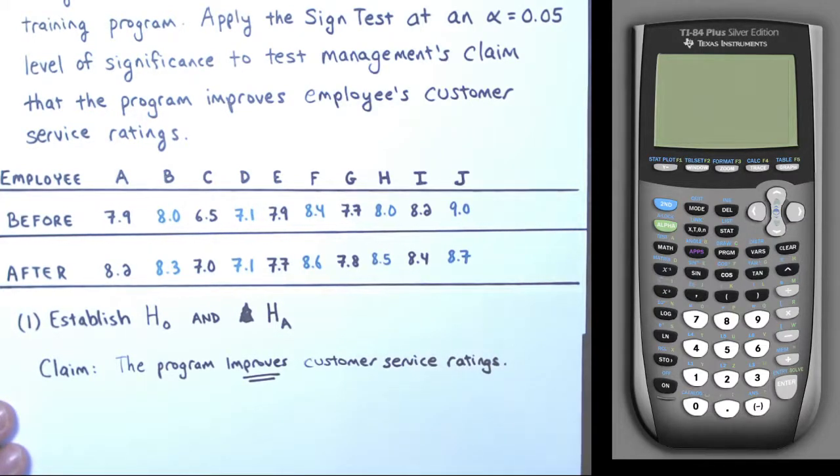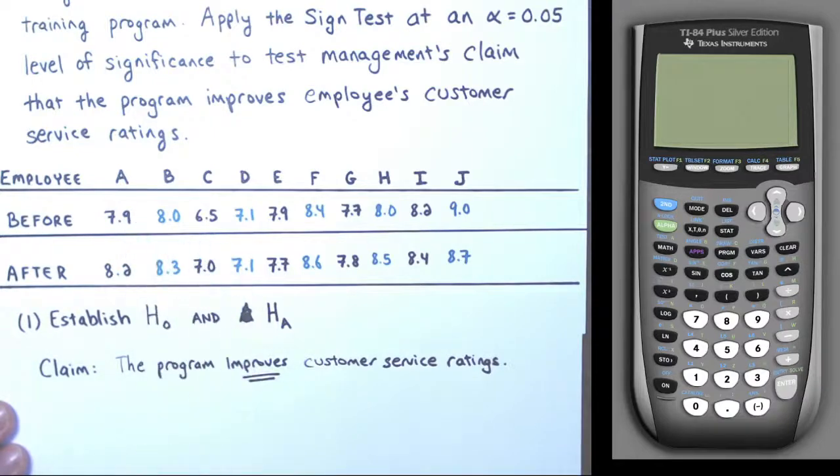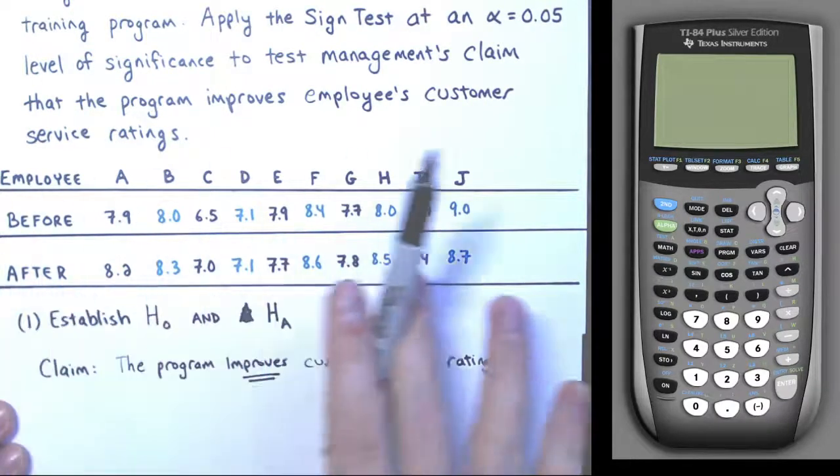Another way you could say that is that they're claiming the after ratings in general are going to be greater than the before ratings. Now obviously that doesn't happen all the time for each individual employee, but they're talking about overall.